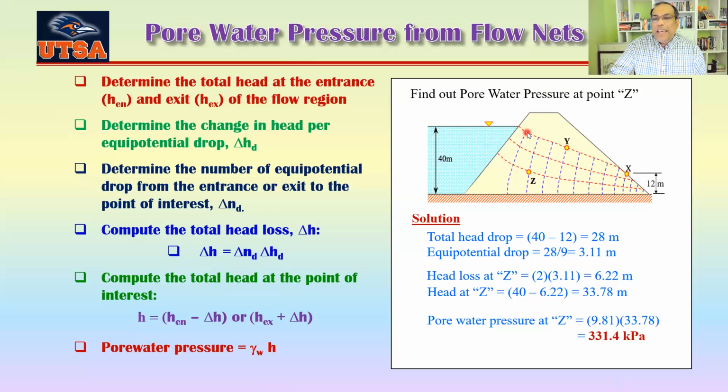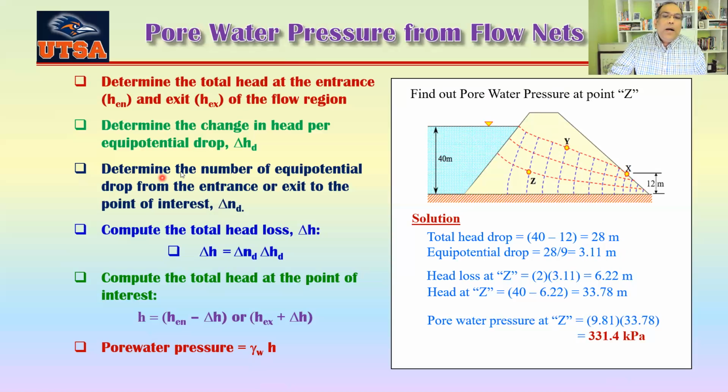The first drop is here. You are just going down a staircase, so the first step down is this one. So this is 1, 2, 3, 4, 5, 6, 7, 8, actually 9. For each of those, you are dropping 3.11 meters.